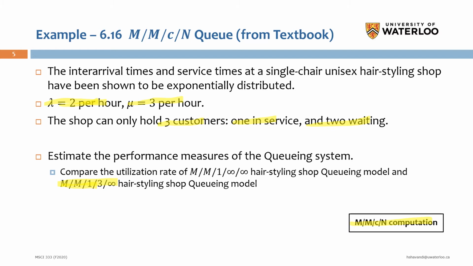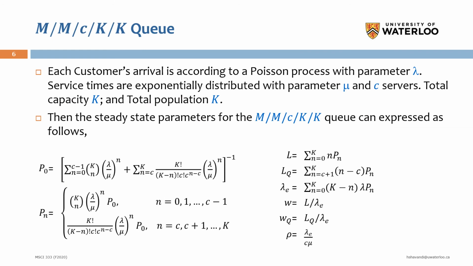Okay, we can extend the previous model to be M/M/C/K/K. So here we have limited capacity in the system, and also the calling population is finite as well. You see that P0 and Pn can be calculated by these formulas, and the performance measures L, LQ, and lambda E, the effective arrival rate.